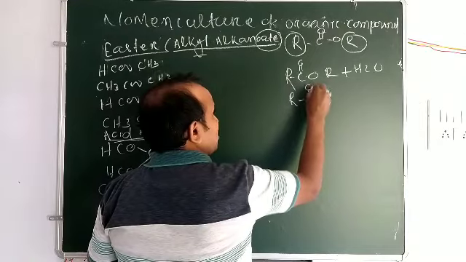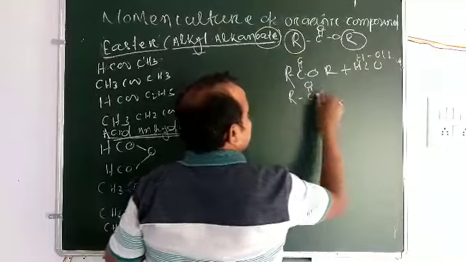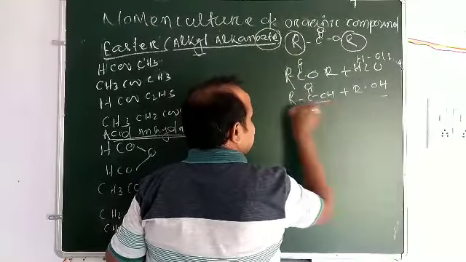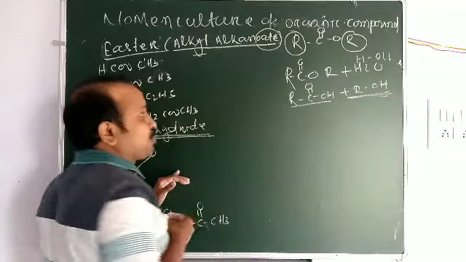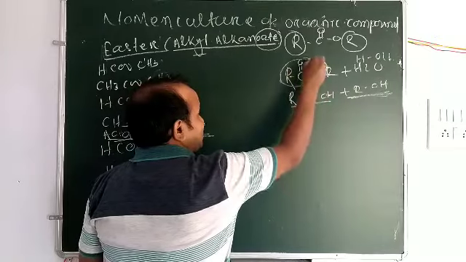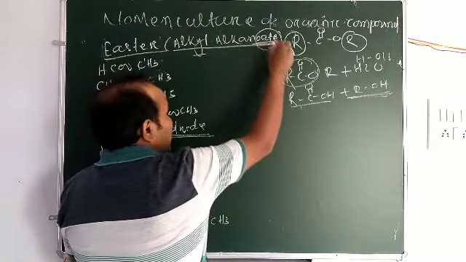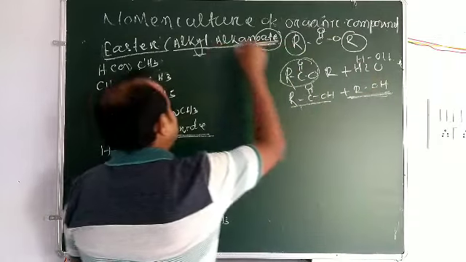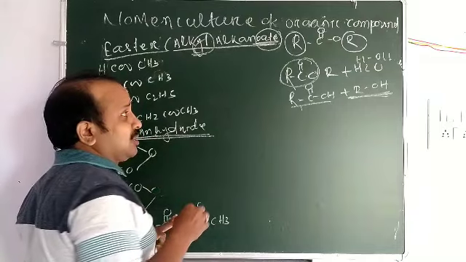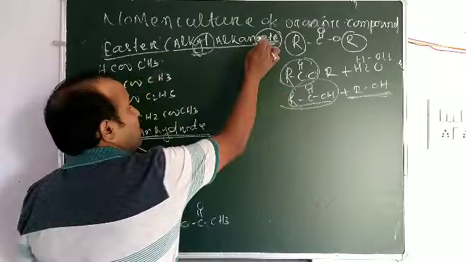R C double bond O, here is H OH, then carboxylic acid and alcohol are formed. The part from which the carboxylic acid is formed gets the suffix oate, and the part from which the alcohol is formed takes the prefix yl. This means the COO part always takes oate.